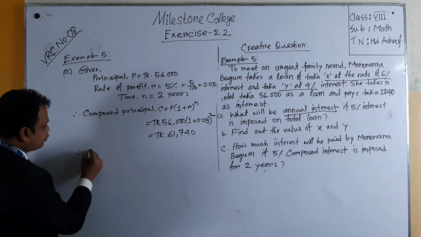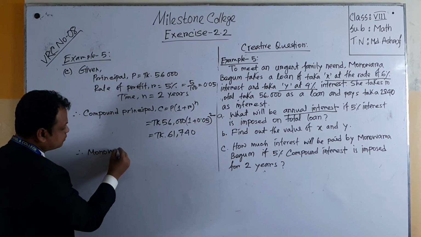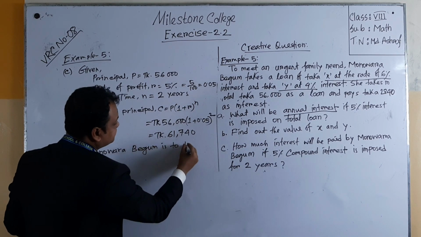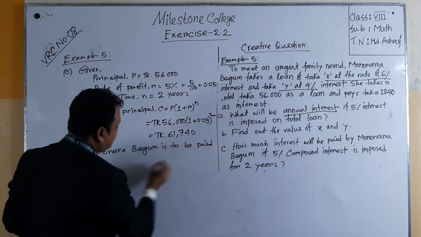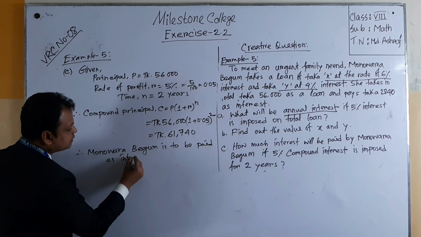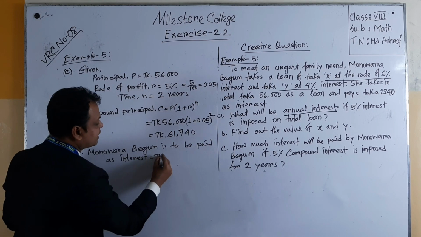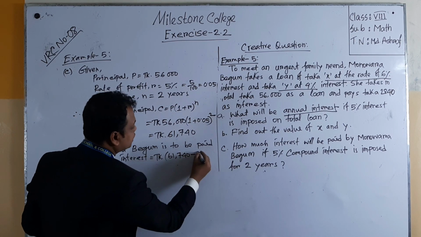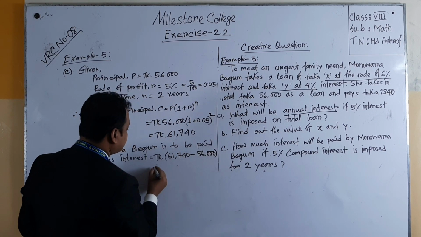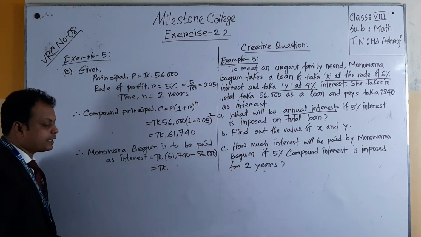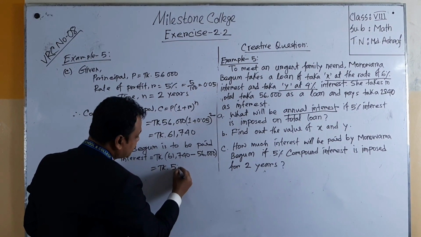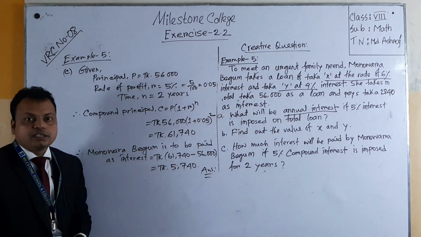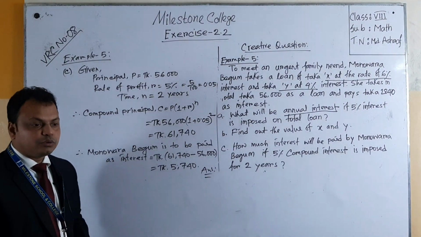Therefore Monora Begum is to pay as interest taka 61,740 minus 56,000. Calculate this one and we will get 5,740. So this will be the result of C. I think all the questions are easy. You can solve this one.